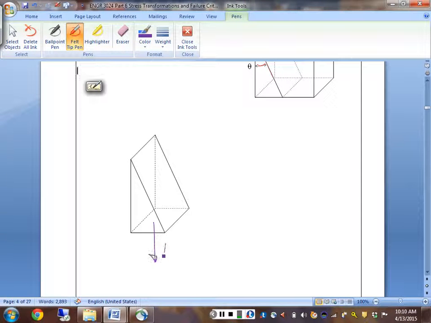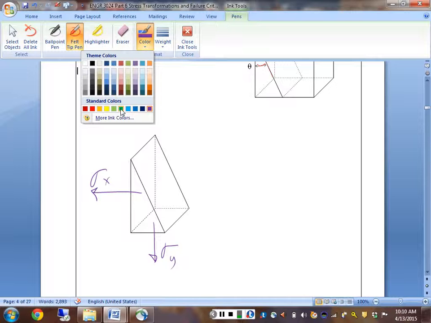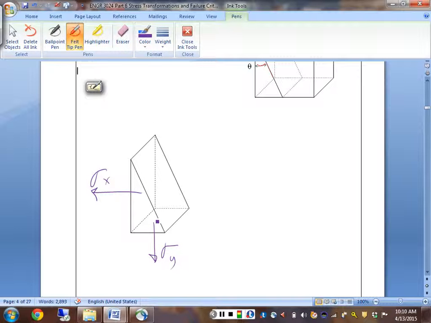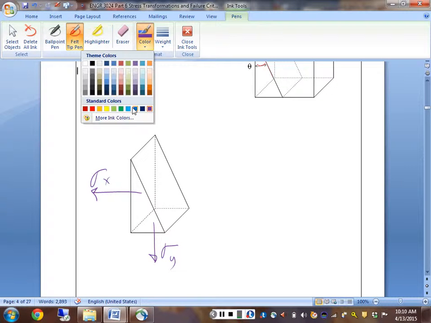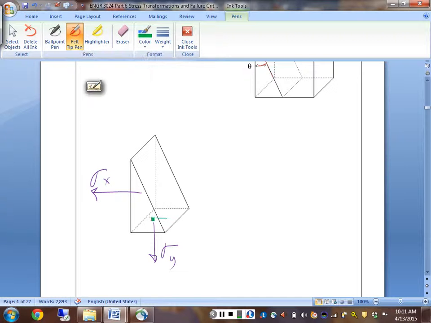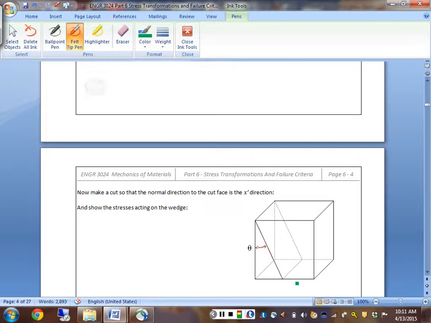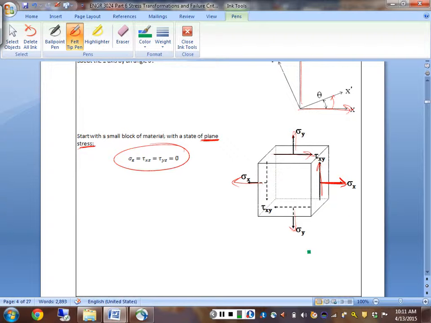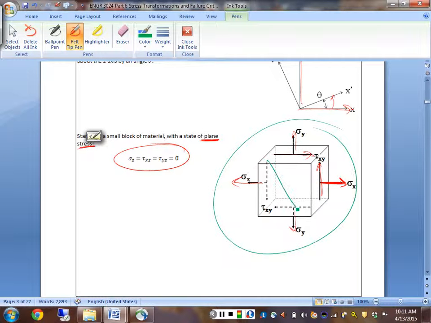You have a sigma in the y direction, you have a sigma in the x direction, and you have your shear on the bottom and the back. That's just like this right here. We've just sliced it along that diagonal.